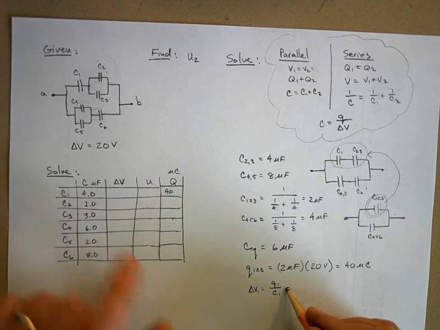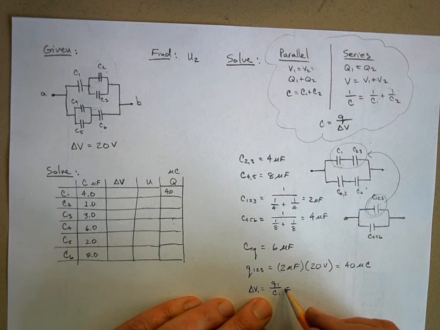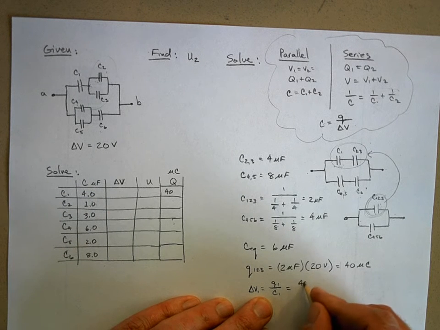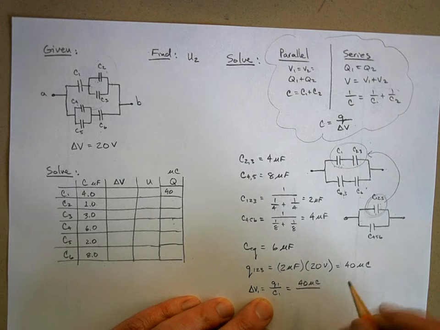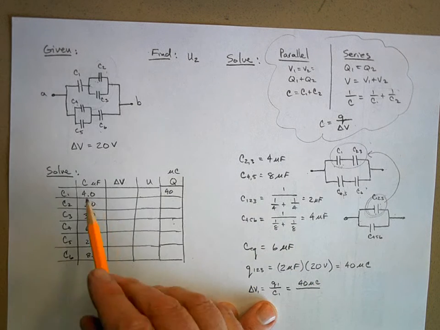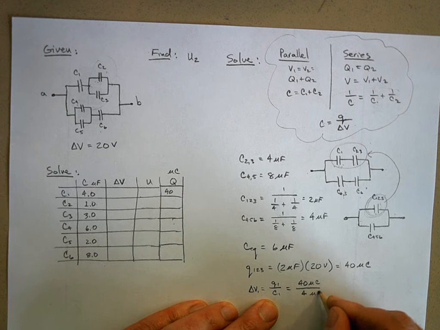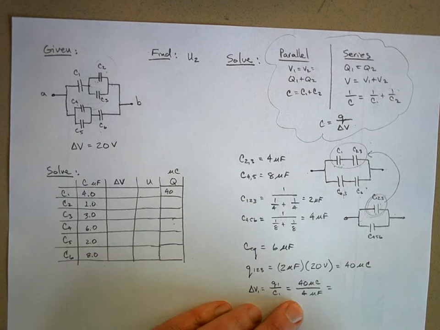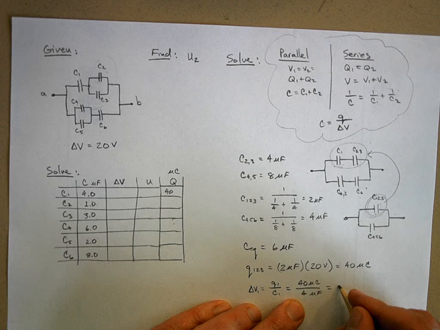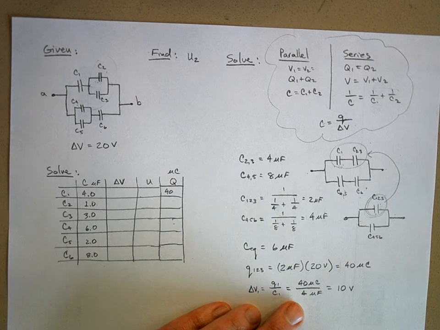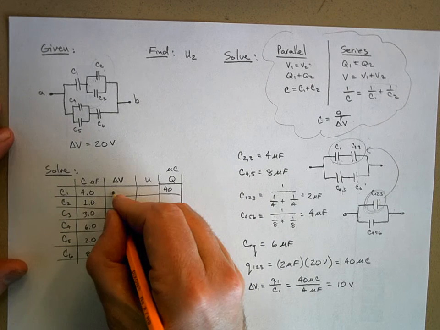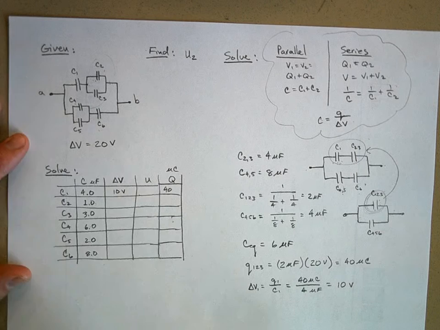And Q1 is 40 microcoulombs. And what is C1? 4 microfarads. So what's 40 divided by 4? That's 10 volts. So we know now that C1 has 10 volts.